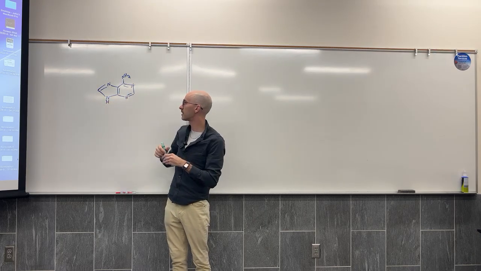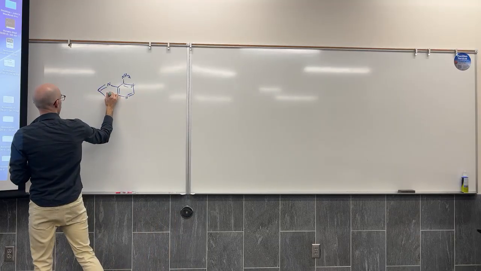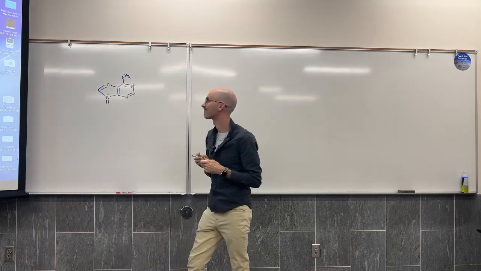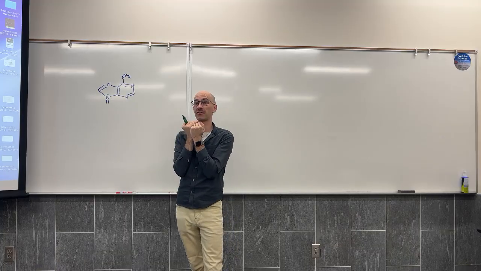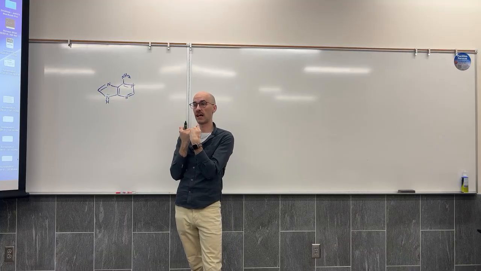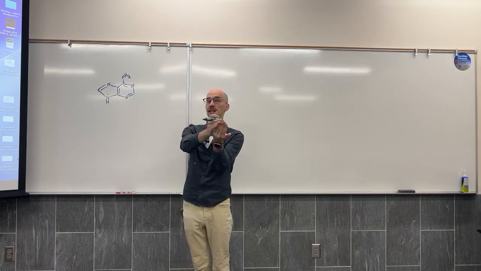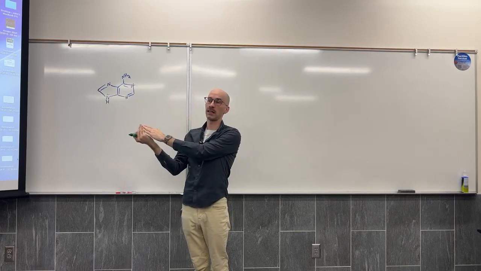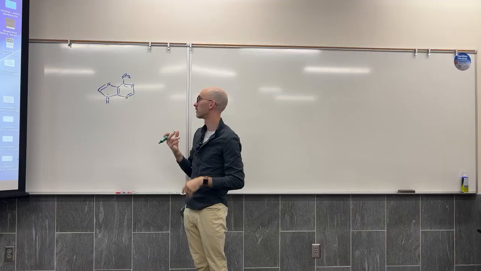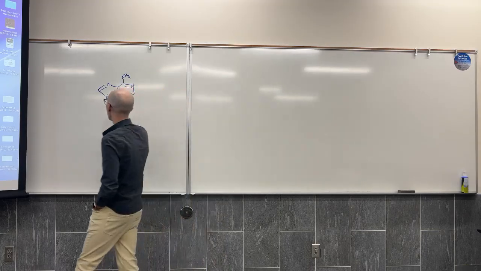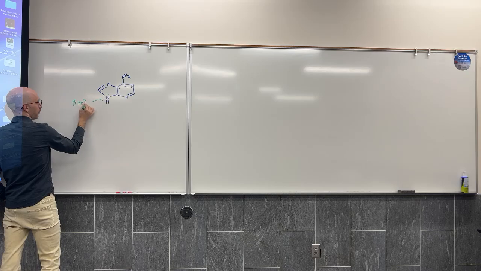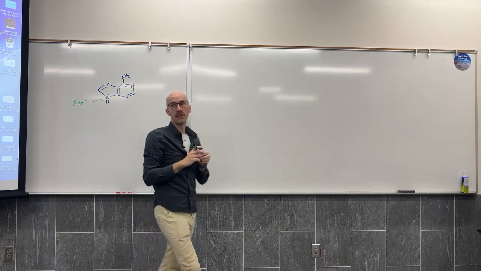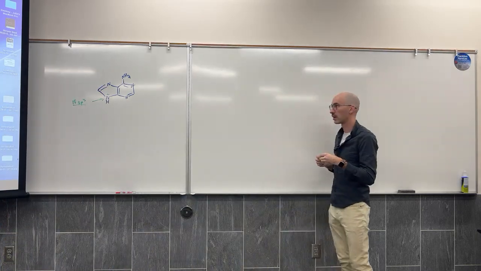But this nitrogen down here has a lone pair that makes us wonder, is it sp3? Does it hold that electron pair to itself in a hybridized orbital? Or does it conjugate and share that electron with the rest of the ring? So the question is, if it's sp3, what is the implication for the molecule?